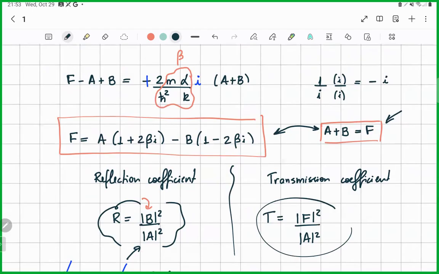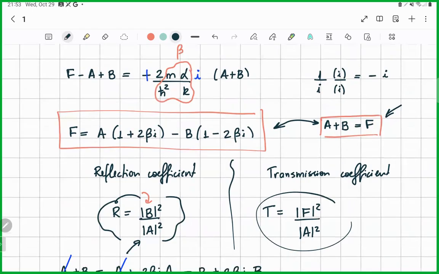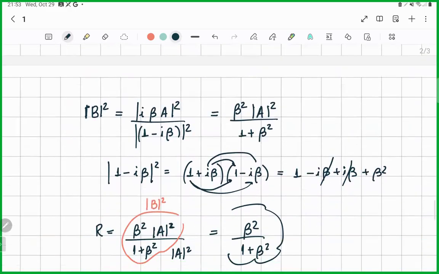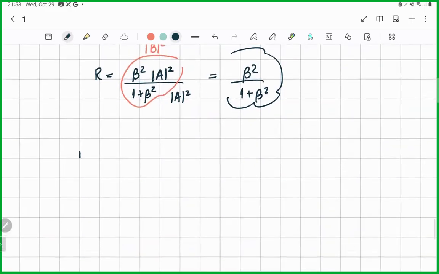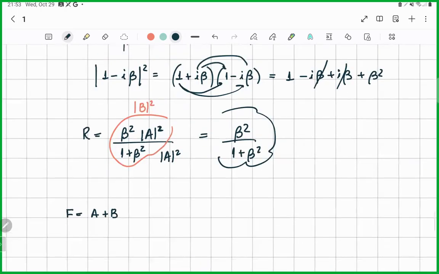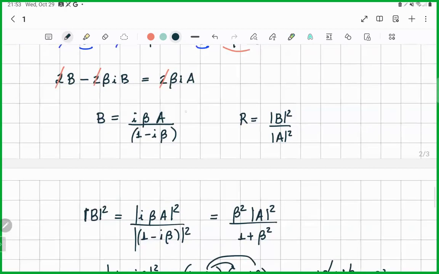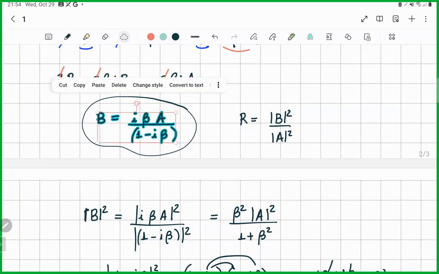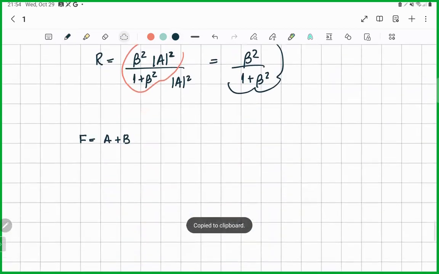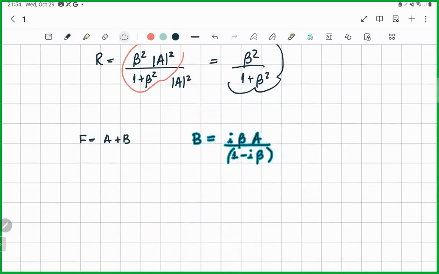Because we already know B as a function of A. Okay, so let me put here F is A plus B. But we already found here. So let me copy this whole thing. We already found what B is. So now I can write F as a function of A only.